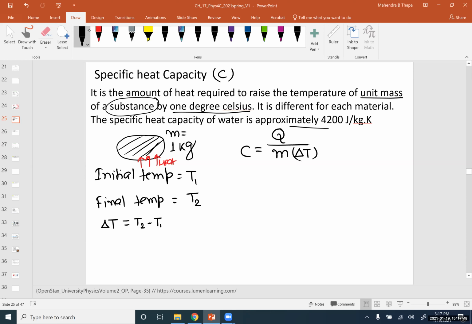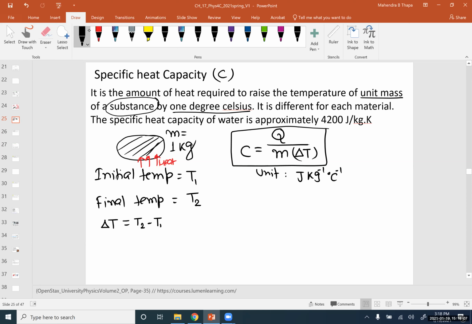This is the standard definition of specific heat capacity. You can check the unit: Q is measured in joule, m is in kilogram, so joule per kilogram per degree Celsius.